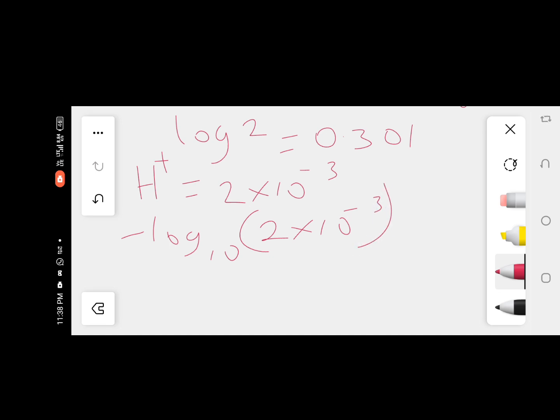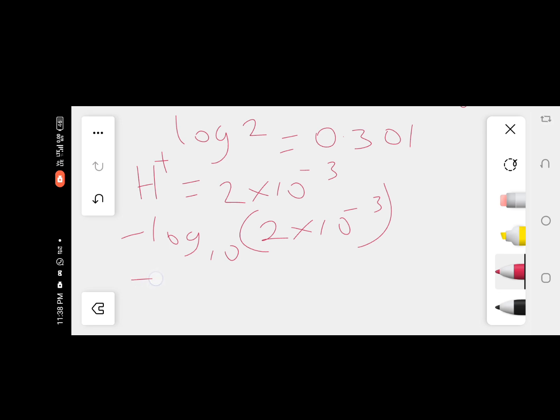According to the laws of logarithm, when you have multiplication in that bracket, you can split it into two different values. You can split it into log 2 base 10 plus. So that multiplication will become addition. So it's going to be minus log 10 2 plus minus log 10 of 10 raised to power minus 3.